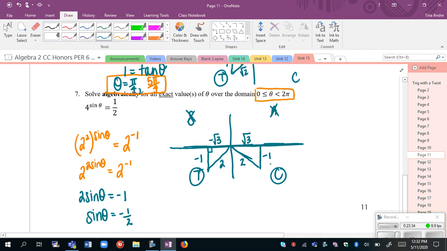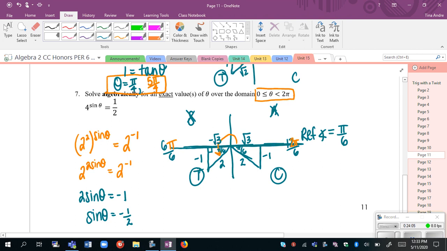If we're across from the 1, our reference angle is going to be the 30-degree reference angle, or pi over 6 in radians. So this is pi over 6, and this is pi over 6. Now we want to think about, how do we get this entire angle? If this is pi and this is 2 pi, how do I rewrite those with denominators of 6? Well, this would be equivalent to 6 pi over 6, and this would be equivalent to 12 pi over 6.